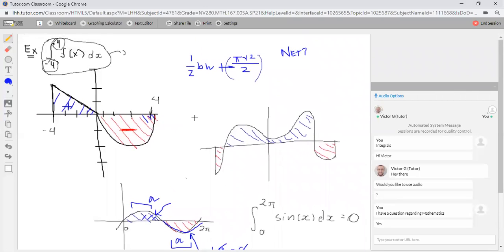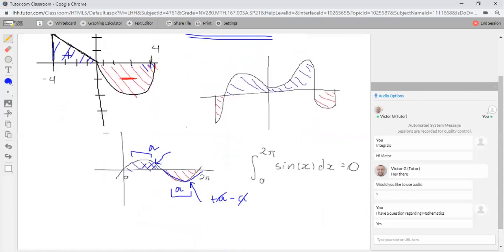So we're going to continue from this point here, right? Where we're going to find the area of the triangle and add that to a negative area, which is pi r squared over 2. And let me just erase some things for space.